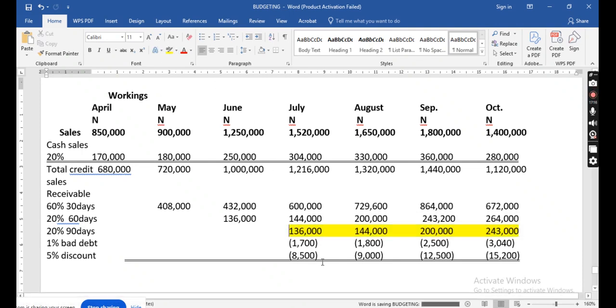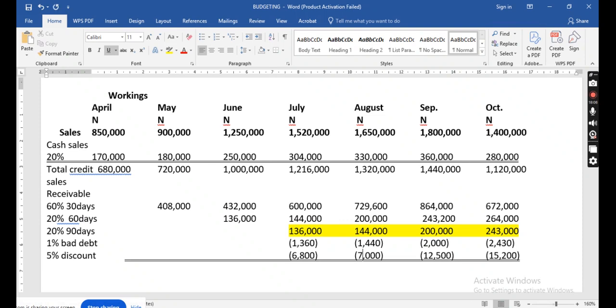So what is the 1%? 1,360. 1,440. 2,000. 2,430. Next, 5%. 6,800.